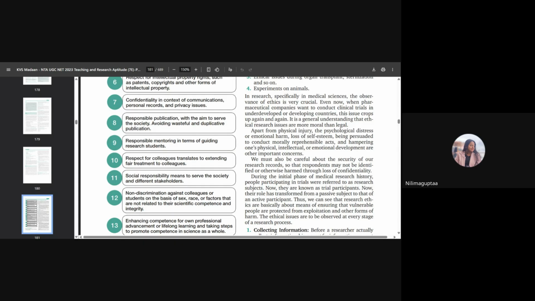And we should also avoid duplicative publication. If we have sent one research paper somewhere for publication, or we have just presented it but not published it, we are not allowed to republish or re-manipulate that paper and represent it at some other conference. Even that is not allowed.